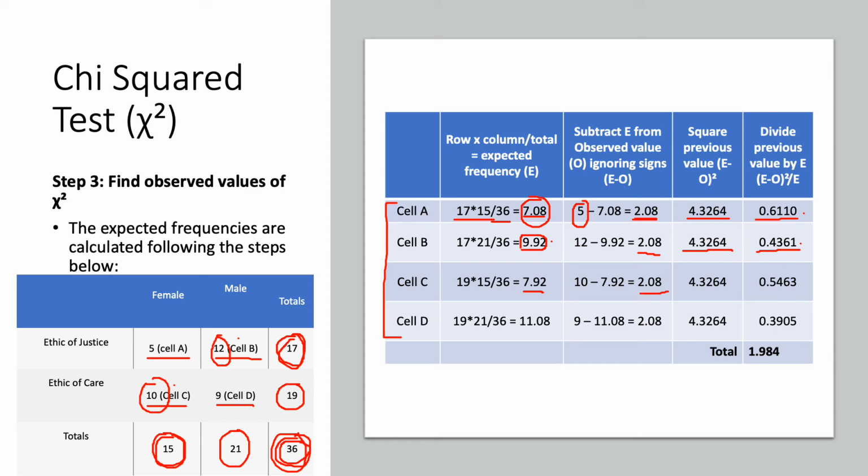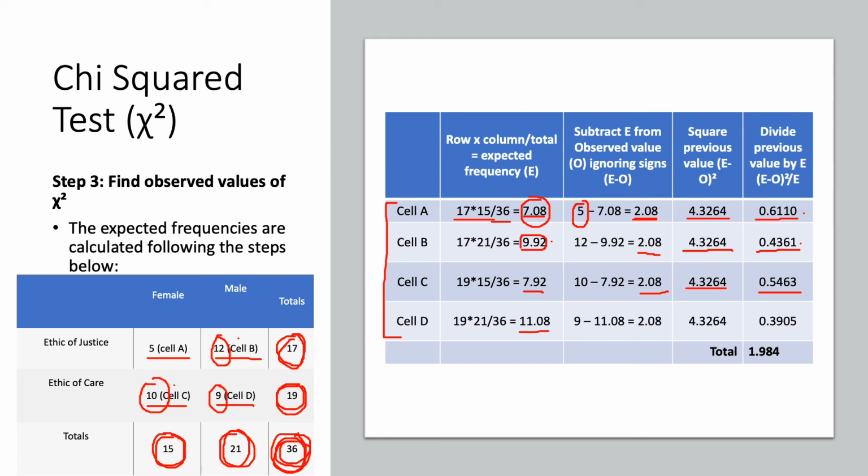Cell C here, so we take 19 and 15, times them together, divide them by 36, we get 7.92. We subtract that from the observed value of 10, which gives us 2.08, square that, and then divide it by 7.92.